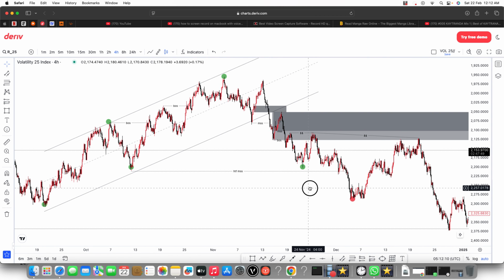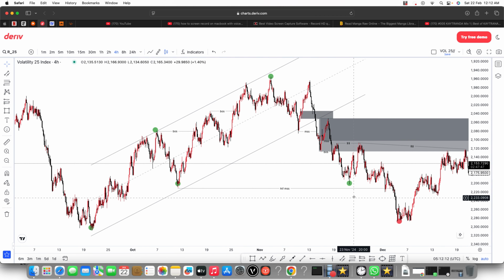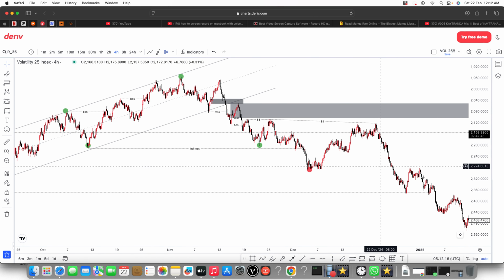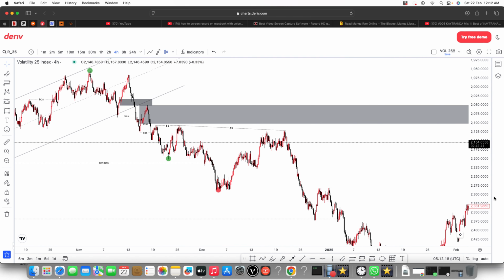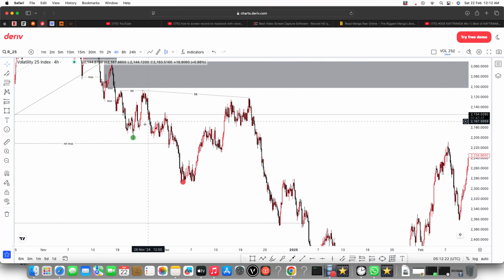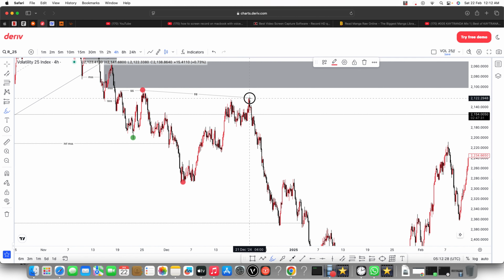Okay, now focusing on me clearing this current one. Now, as we mentioned, we're going to be looking at this area of the trend down.